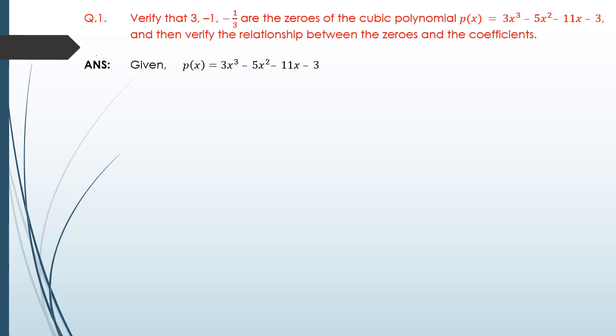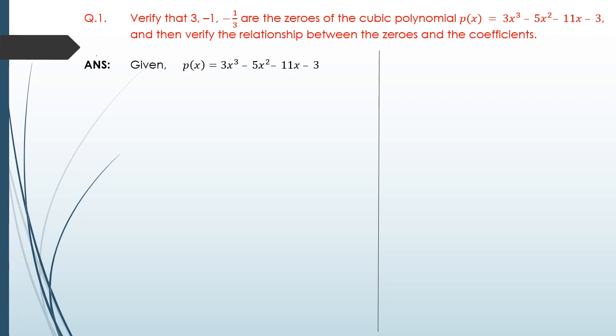First of all, let us write the given polynomial p(x) = 3x³ - 5x² - 11x - 3. Now let us verify whether the given numbers are the zeros of this cubic polynomial or not. So let us first start with 3. We know that for a given number, if the value of the given polynomial becomes 0, then it is called a zero of the given polynomial.